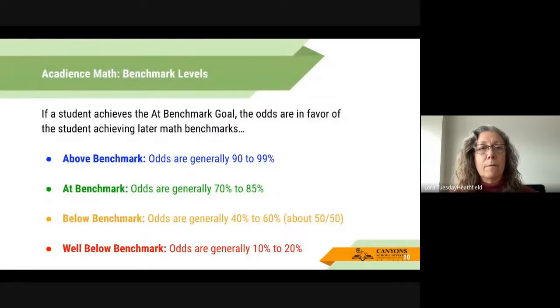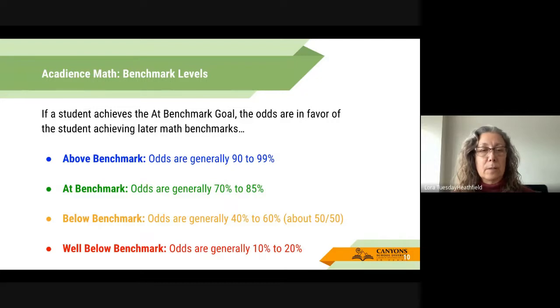There are 4 different benchmark levels in Acadience Math, the same as Acadience Reading. Above benchmark, the odds are generally 90 to 99% that the student will meet the next benchmark. At benchmark, the odds are 70 to 85%. Below benchmark, it's kind of a 50-50 shot that they will meet the next benchmark.